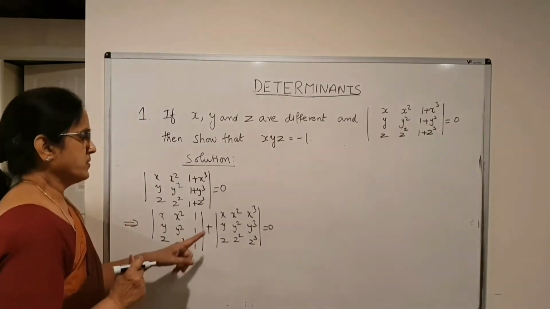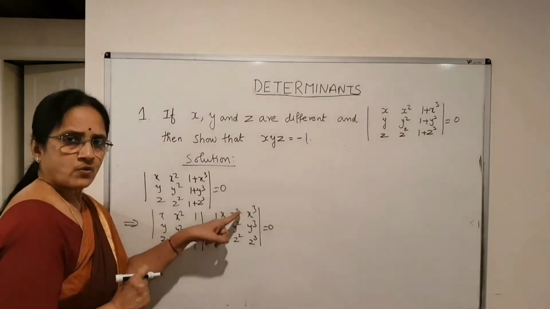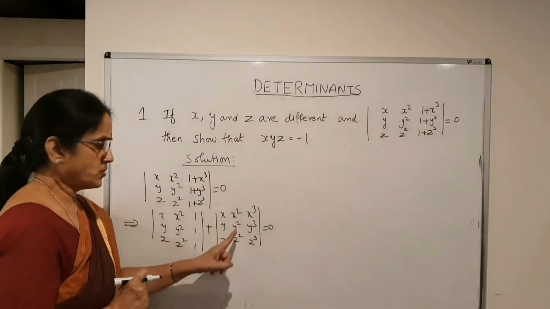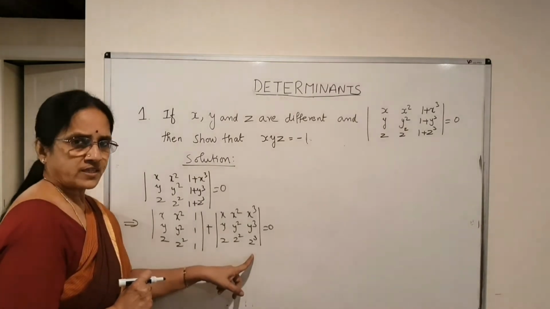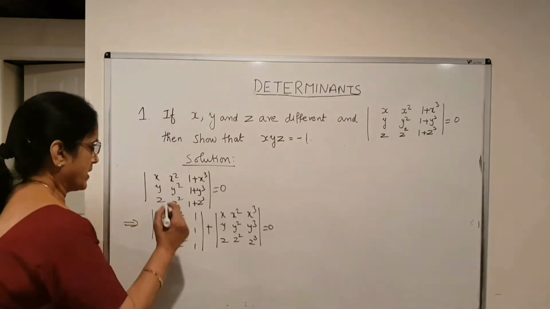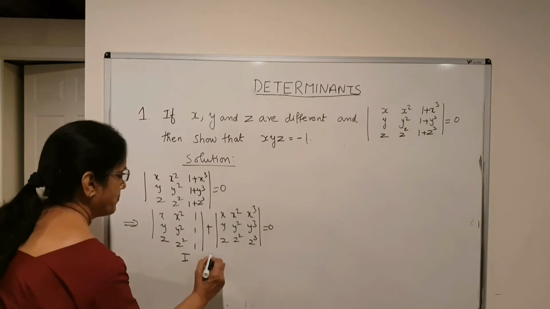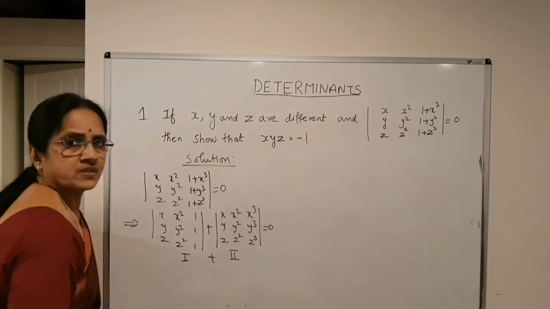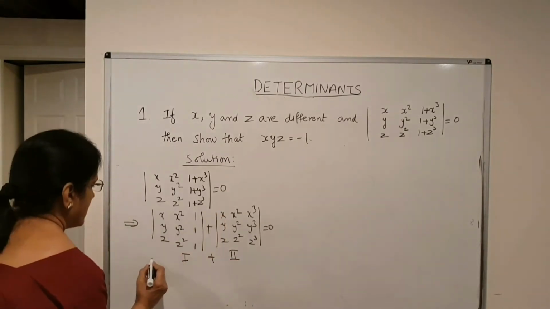Now what am I going to do? I am going to take x from R1, y from R2 and z from R3 in the second determinant. So let me name these 1 plus 2.